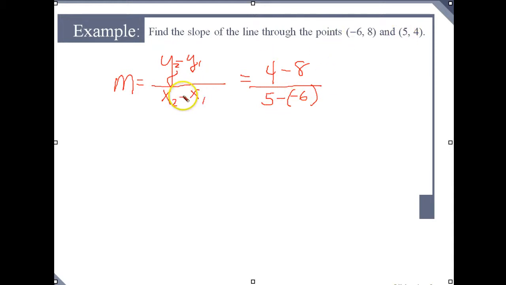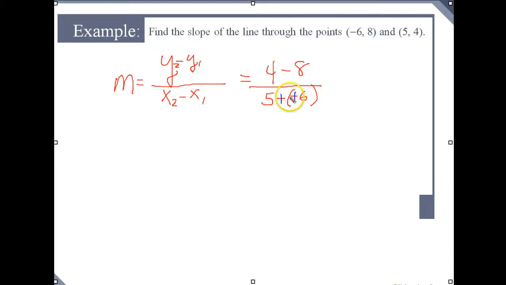Now notice there's a minus in the formula, and the x sub 1 is a negative 6. So I put it in parentheses because here's a case where we have the opposite of a negative. Now whenever you see this arrangement, as we mentioned before, we just make it positive.